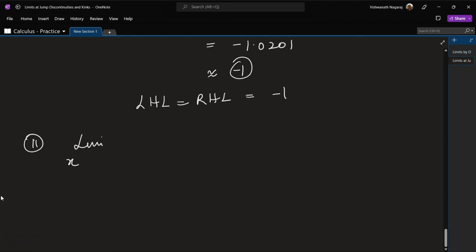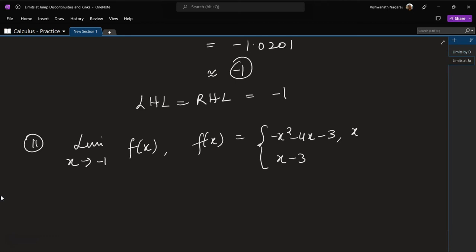Limit as x approaches minus 1 of f of x, where f of x is equal to minus x square minus 4x minus 3 when x is less than or equal to minus 1, and x minus 3 when x is greater than minus 1. Okay, again there is no direction. So when x approaches minus 1 from the negative side or from the left hand side, implies that x is less than minus 1. So here if you look at it, it can actually become equal to minus 1.